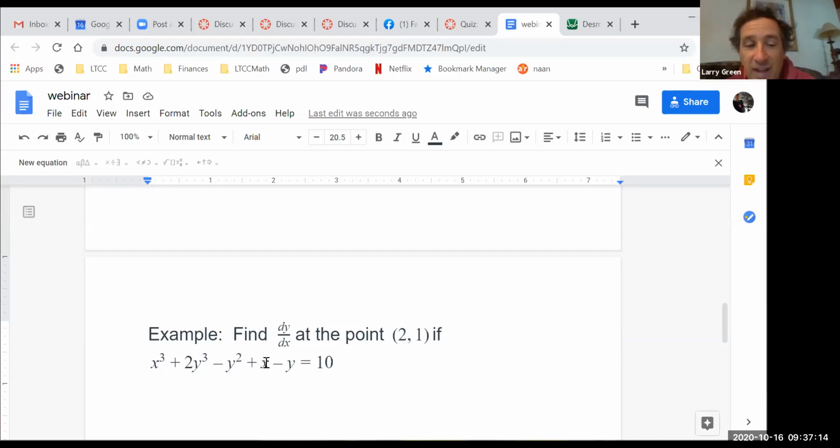So you got to get y by itself with all the x's on the right-hand side. Is that the best way of doing it? It can be done. Probably not by you, but it can be done.